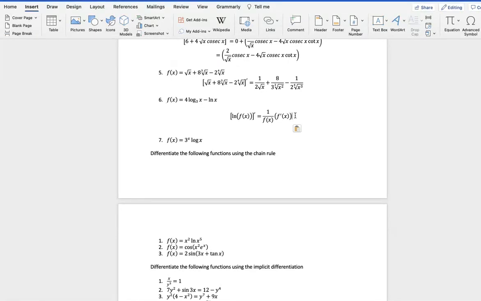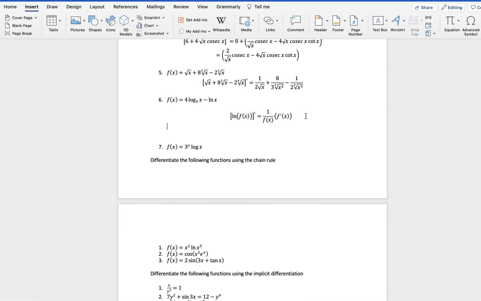Right, I can. Okay, so moving on. So now we're applying all that we've done to logarithmic functions, and we have our identity here. Now let's apply it to a function that has two logarithmic expressions and see what we get.